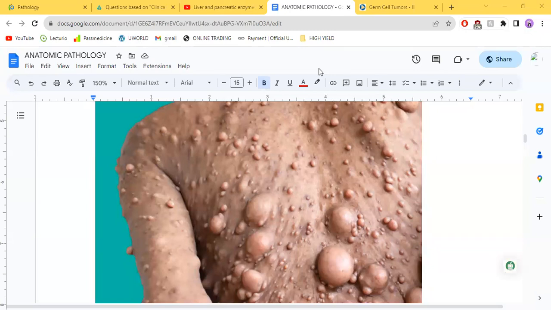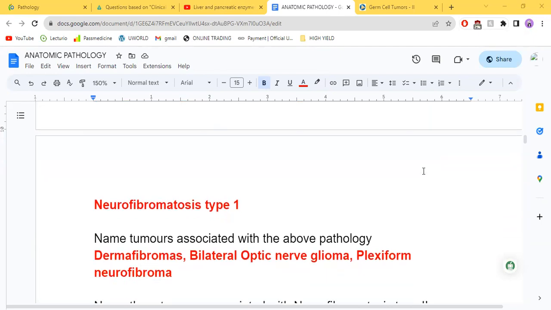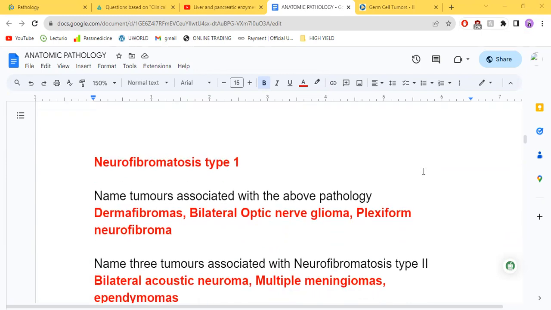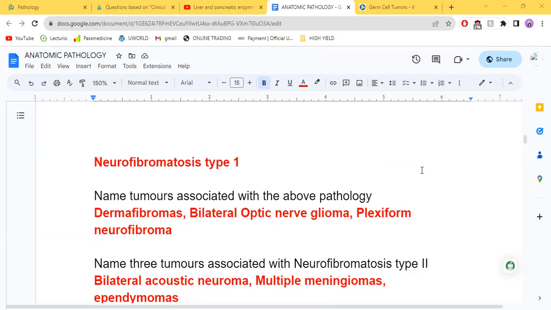Now, for neurofibromatosis type 2, what are some of the tumors associated with it? Someone has already mentioned bilateral acoustic neuroma. Maybe we can get two more. Yeah, so we have the bilateral acoustic neuroma, ependymoma, correct.